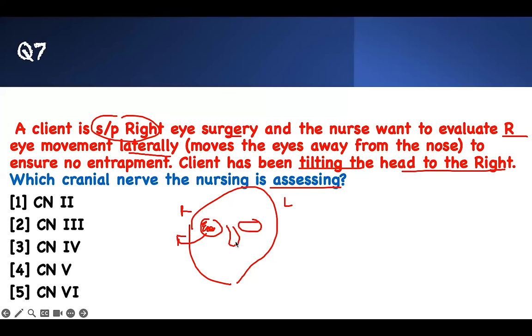She wants to test that, right? And then what she saw was the client is tilting the head towards the area where they had the surgery. We call this the affected side. And the client is turning the head towards that side. Which cranial nerve is she assessing?